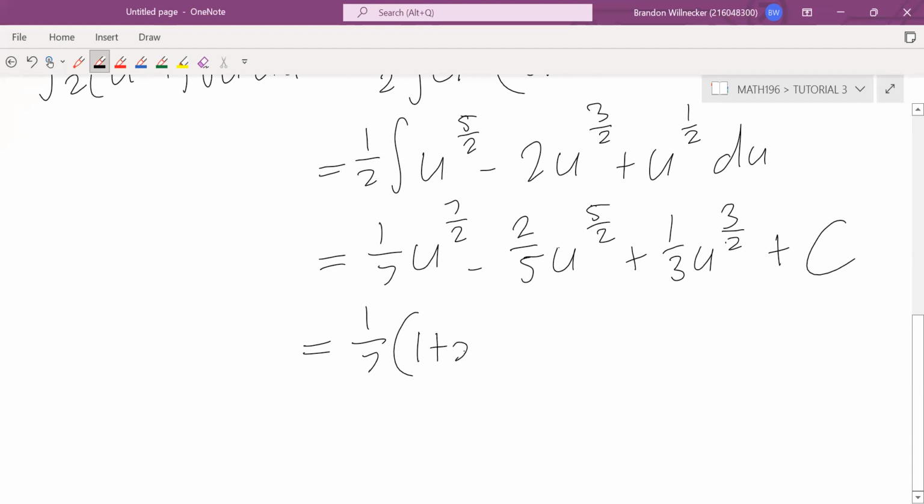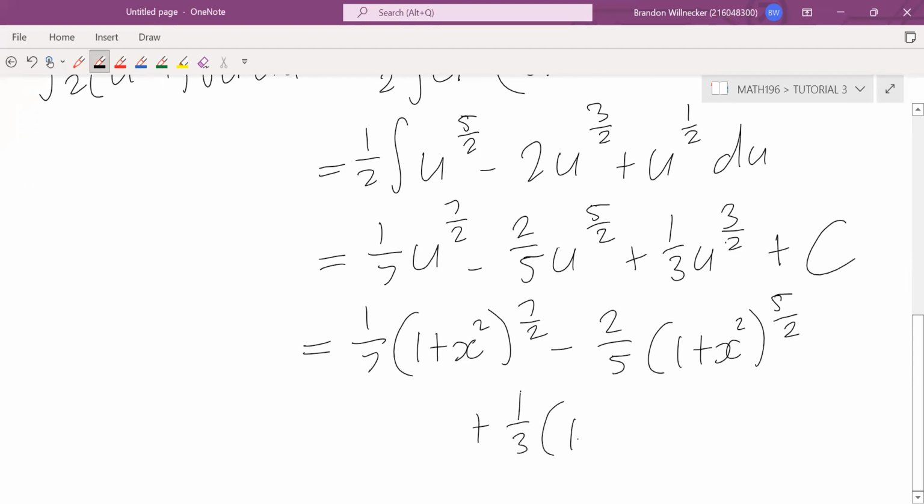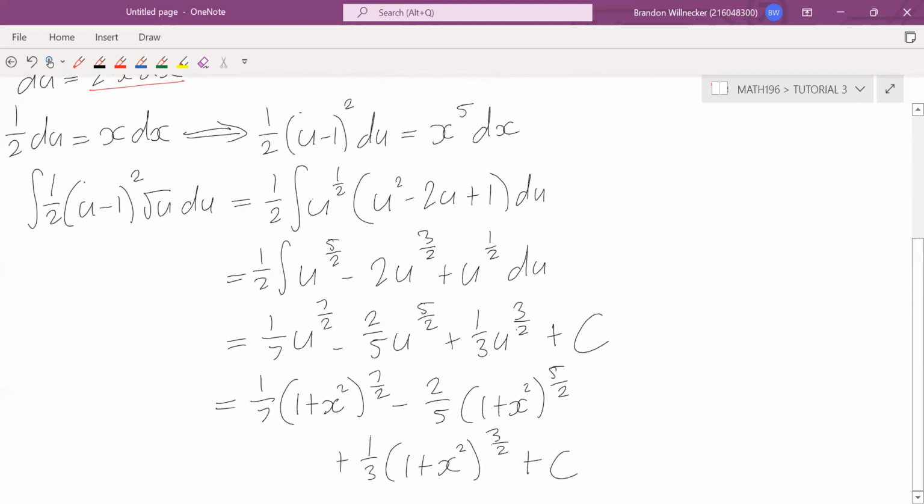So it's going to be 1 plus x squared to the 7/2 minus 2/5, 1 plus x squared to the 5/2 plus 1/3, again 1 plus x squared to the 3/2, and don't forget your plus c that you need to carry down. Okay, so it looked a bit more complicated, but once you've expanded everything out, you're just using the power rule again. So actually not much more difficult than what we've had before.